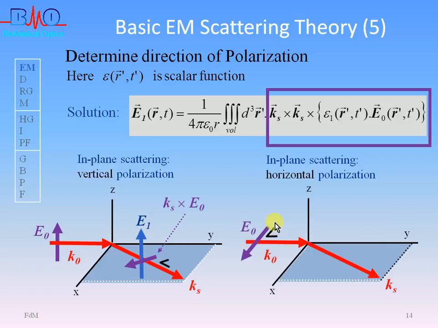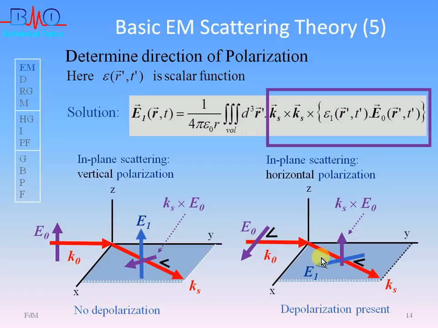And here, in the horizontal polarization, Ks times E0 will be directed along the z-axis, and E1 will be directed in the plane. Now you can see that here there will be no depolarization, but here E1 has two components along the x and the y axis, and that means that there will be depolarization present.